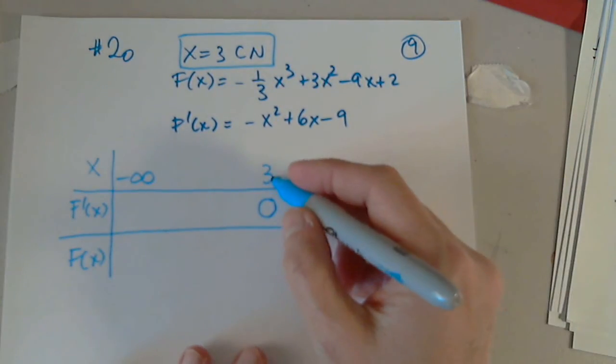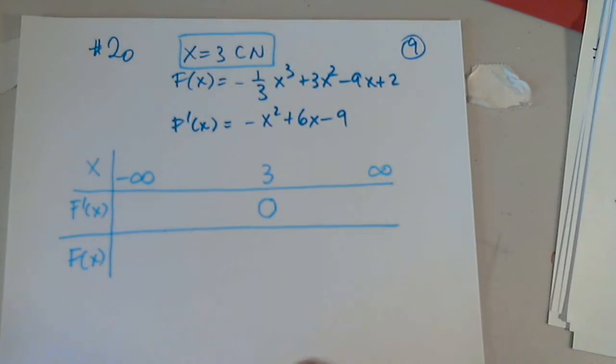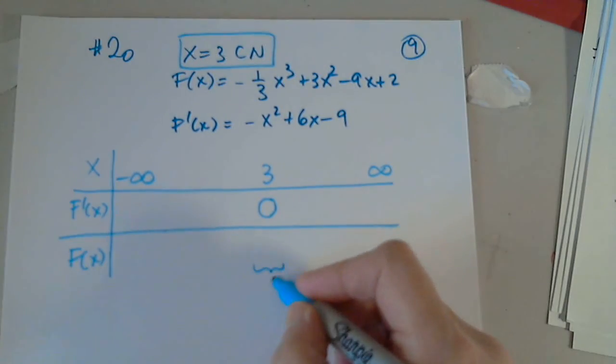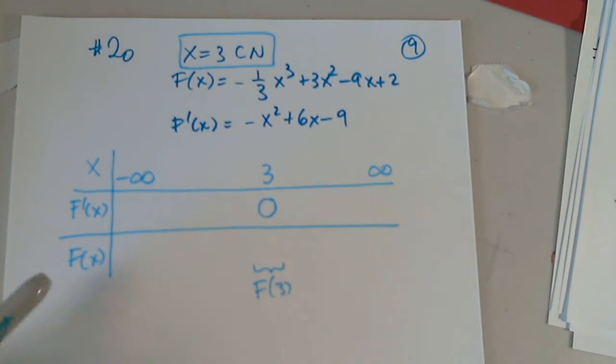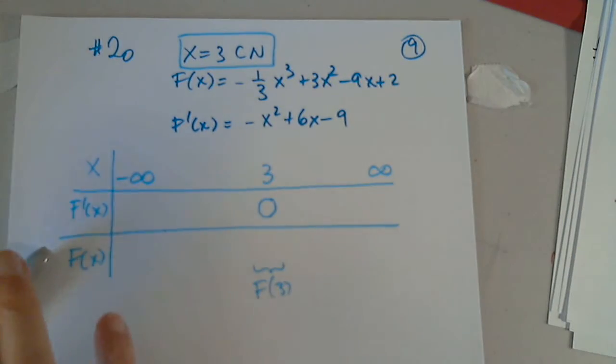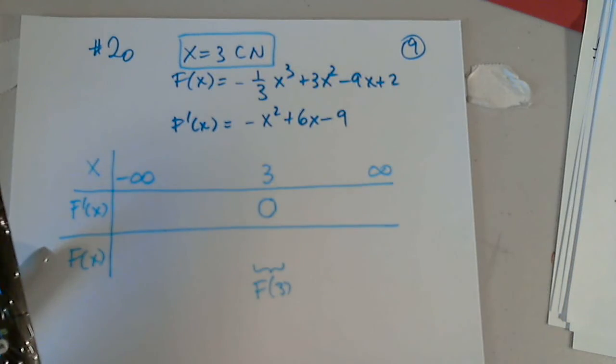At this point, all I need to determine is f of 3. So I will determine f of 3 to put it here. And I'll grab my calculator. I will punch in y equals, clear if you have anything else.